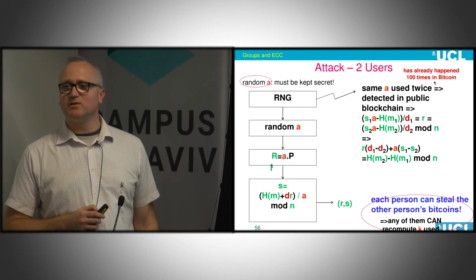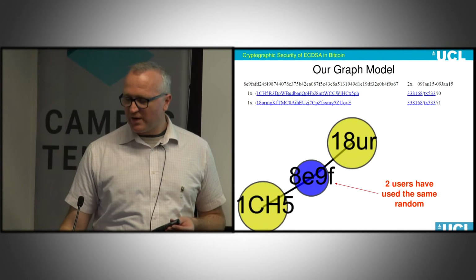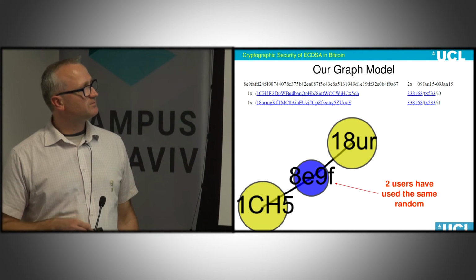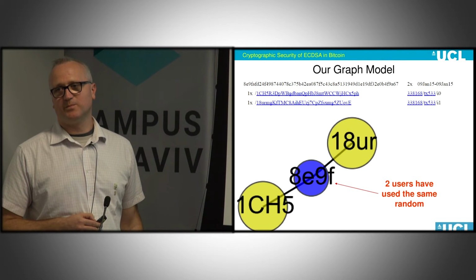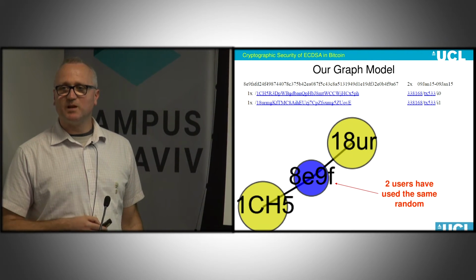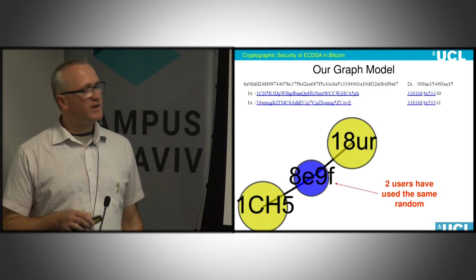In our graph model, it creates a connection of this sort: this user has used this random, that user has used this random, and you have a path from this user to that user in the graph. You can also have longer paths in this graph.